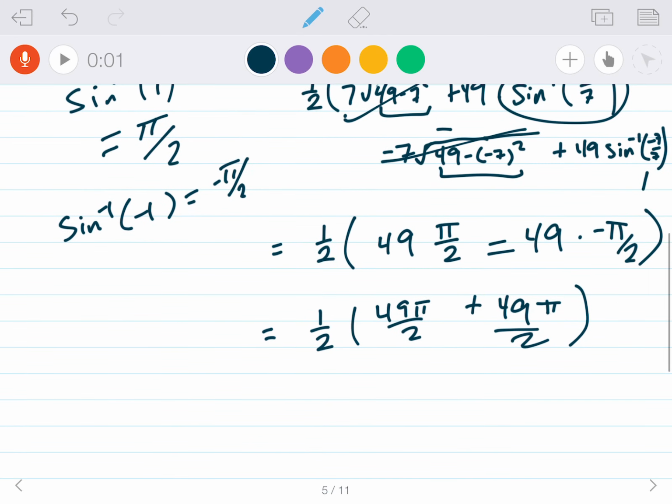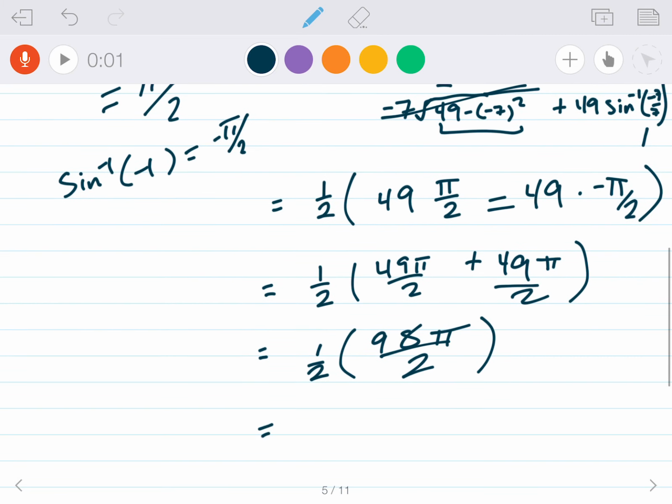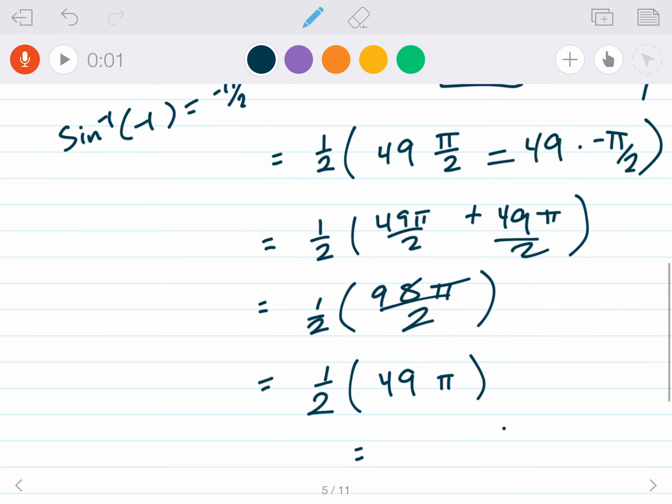And what I end up getting is a half 98 pi over 2, which is going to give us 1/2 times 49 pi. So I end up getting 49 pi over 2.